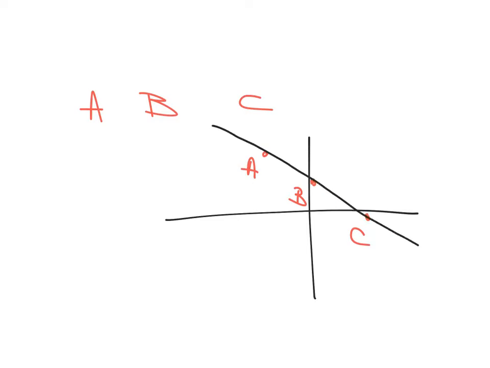Well, how do you know that? The shortest distance between 2 points is a straight line. So if we find the distance of that and the distance of that and add them together, it better be the same length as that. So that's what we'll do.